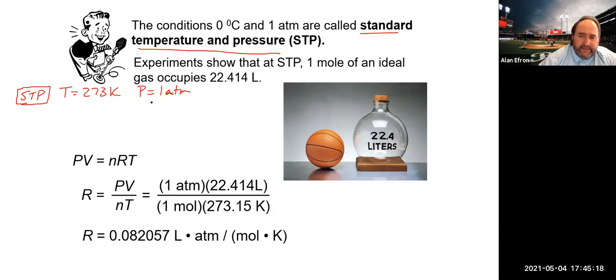So when it is stated in a problem that this is occurring at STP, then automatically you can insert that temperature value and that pressure value into something like the ideal gas law.